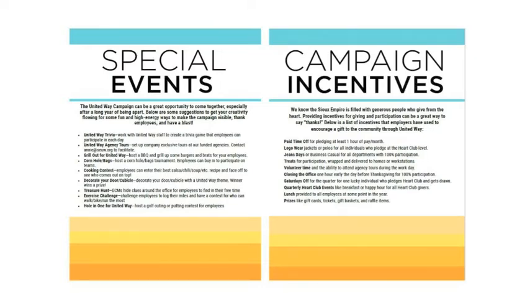Trivia, cornhole or a bags tournament, decorate your door or your cubicle, have an exercise challenge or a treasure hunt of some kind. Just have fun activities that drive some energy around your campaign and incentivize people to give and want to participate.